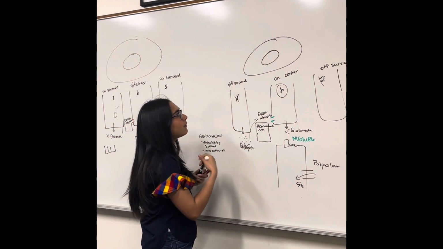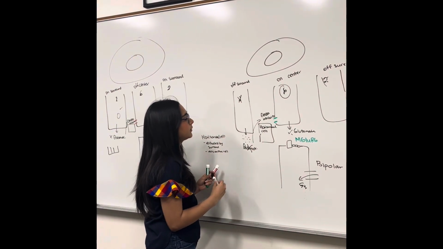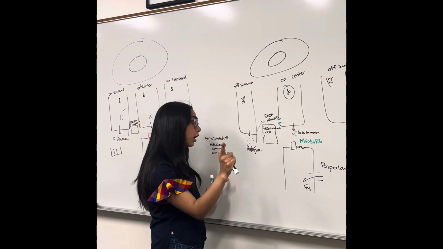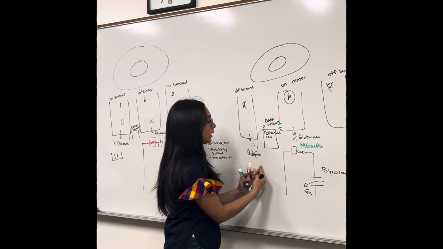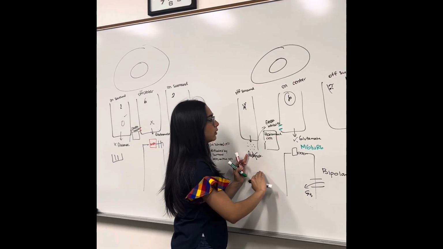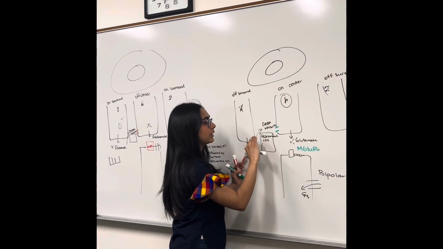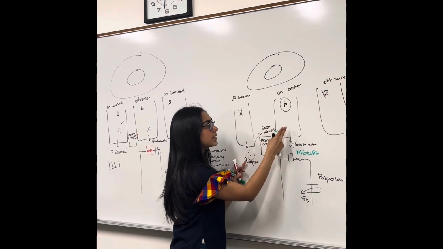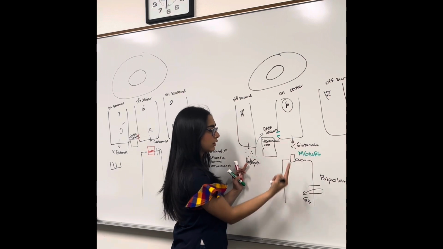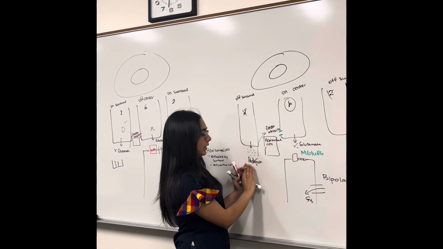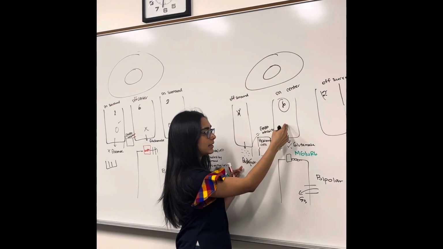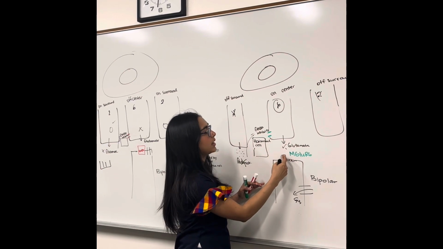So let's say we have light in our off-surround, and when there's light, we already talked that there's no glutamate. Glutamate normally will make our horizontal cell release GABA, which inhibits the on-center from releasing glutamate. Okay, we have less glutamate here, less GABA, less inhibition, more glutamate coming in.